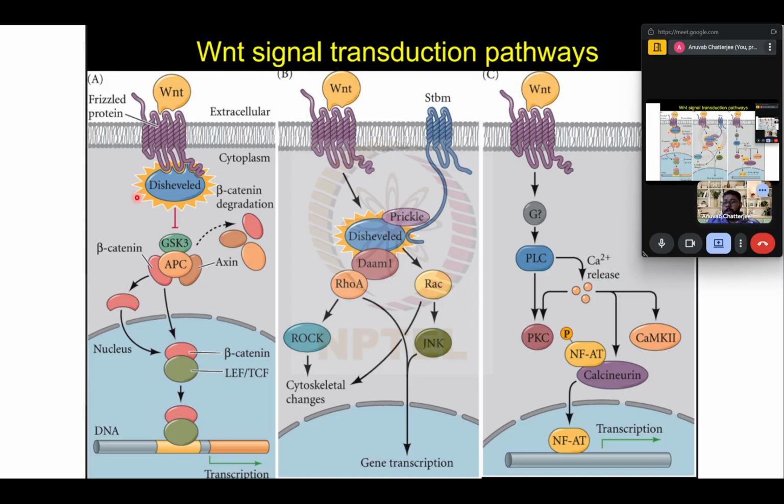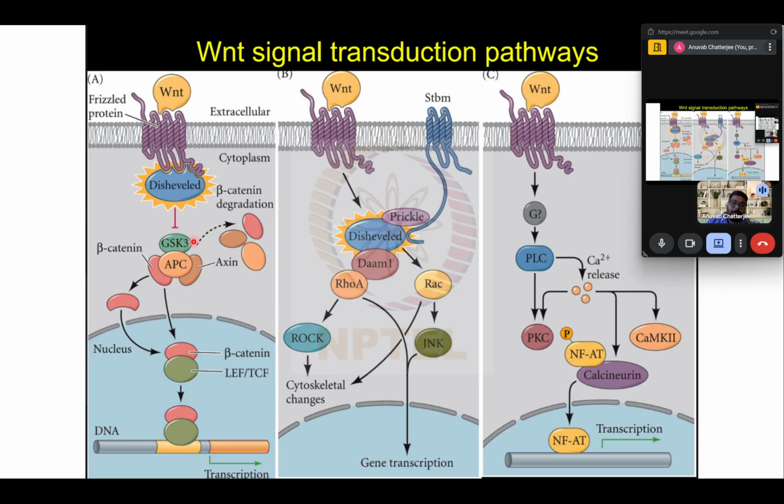So how does Wnt signaling occur? First I will discuss what happens if there is no Wnt. If there is no Wnt binding to its receptor frizzled, then frizzled will catch hold of a cell surface associated protein known as disheveled. Once disheveled is held onto by the frizzled protein, it does not do its normal function, which is inactivating something known as the degradation complex.